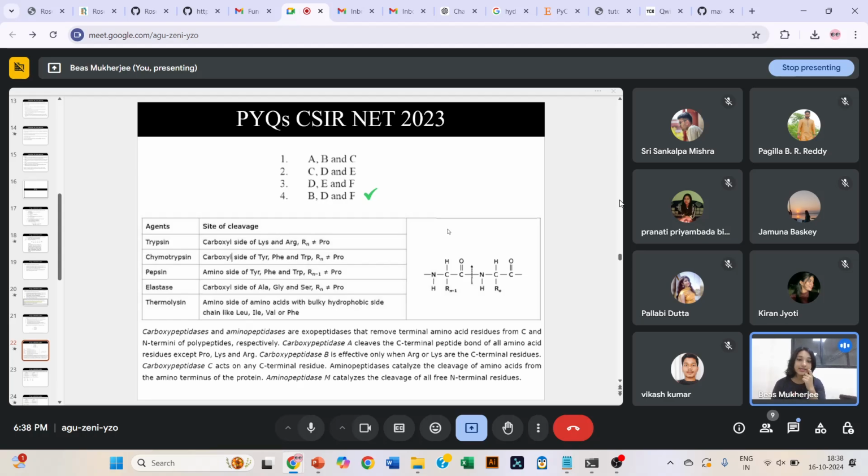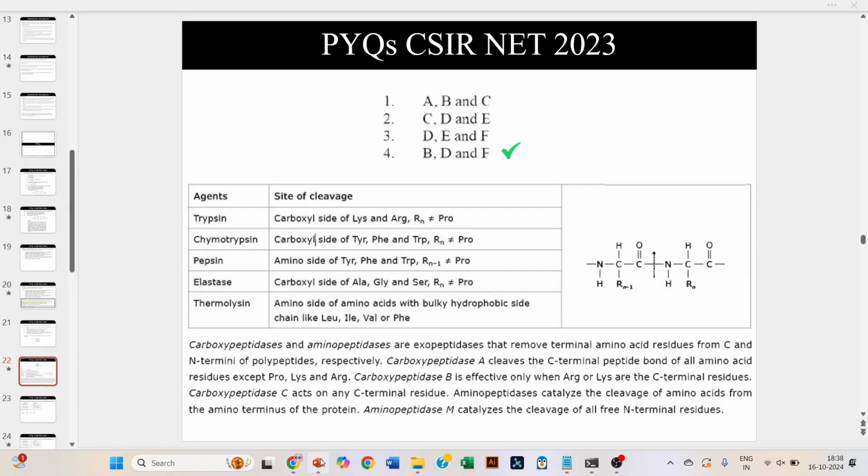Aminopeptidase catalyzes the cleavage of all amino acids from the N terminal, and M goes for all free N terminal amino acids, and then you will realize which of the statements are wrong. Okay, and then you will be able to solve it. Now we go to the next question.